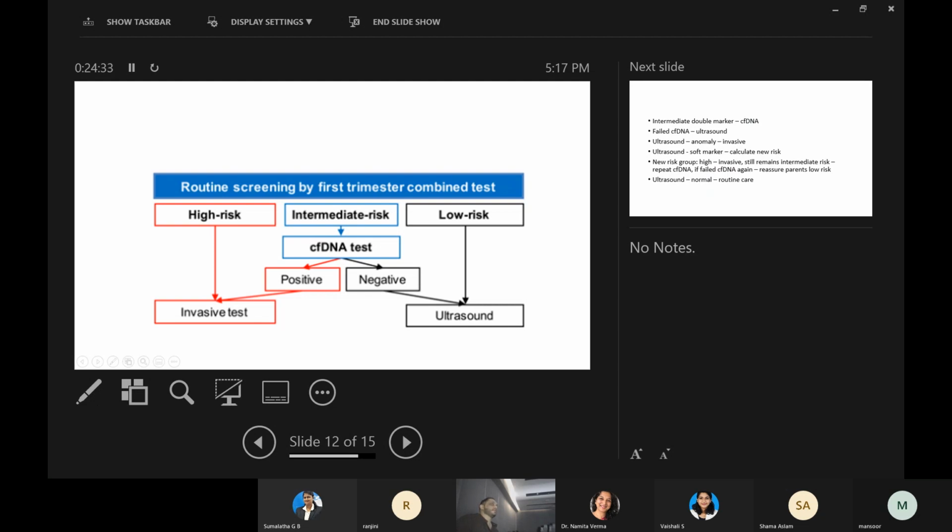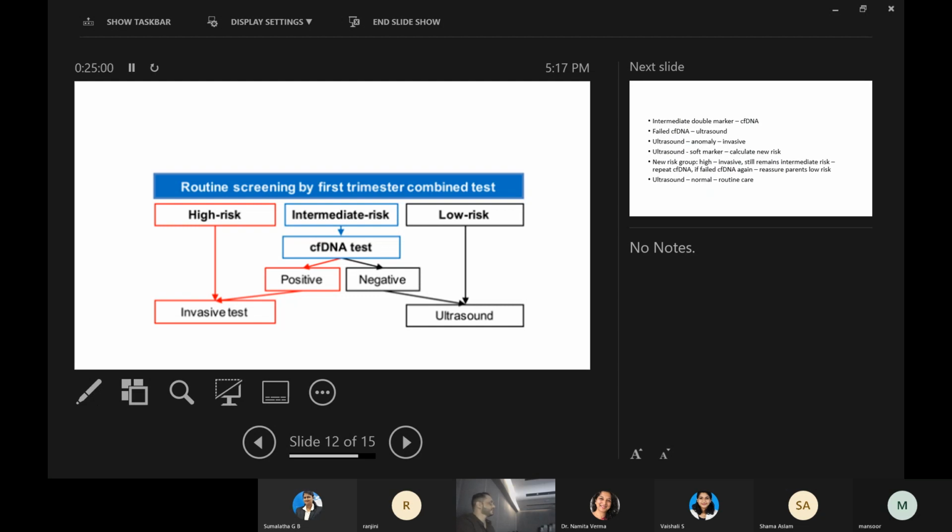And what if you get something like a cardiac anomaly, like AV canal defect or a great vessel conotruncal anomaly, such things, then what test will you offer? Double marker or directly NIPT? So none of those, because anomaly is anomaly.